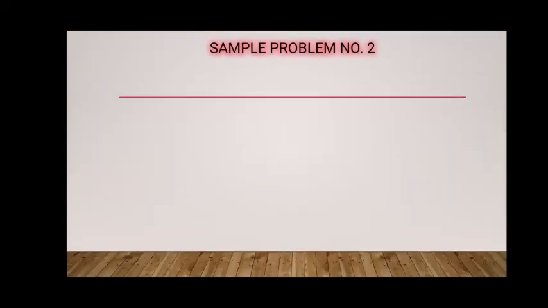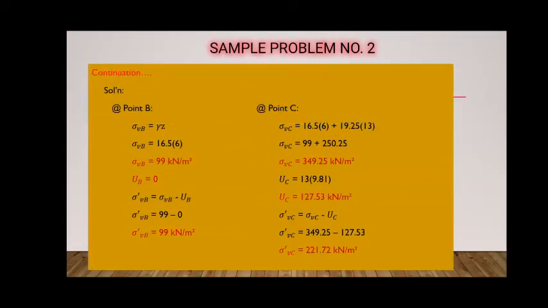Let's proceed to point B. At point B, we have the formula total stress equals delta times C, and we have 16.5 times 6, which is equal to 99 kilonewton per meter squared. So we now have our answer for total stress.